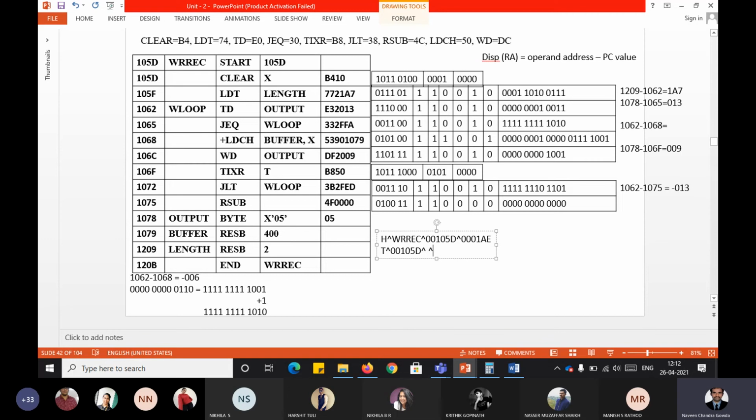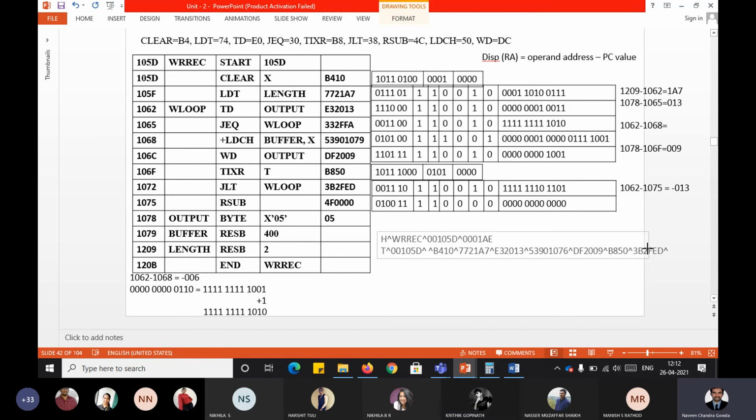Then I'll start filling this in: B410 followed by 772 1A7 followed by E32013 followed by 53901079 followed by DF2009 followed by B850 followed by 3B2FED, which is followed by.